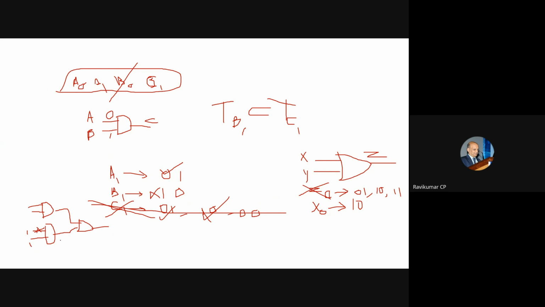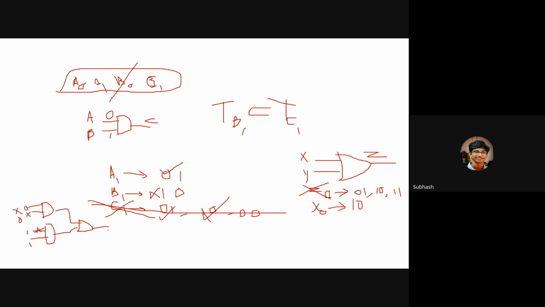Now the fault has come all the way here. To propagate it further, I have to put a 0. So I can put either 0x here or x0 here. So there are actually how many vectors? 0011, 0111, and 1011. So there are three vectors. All of them will work. So you will take one of them.